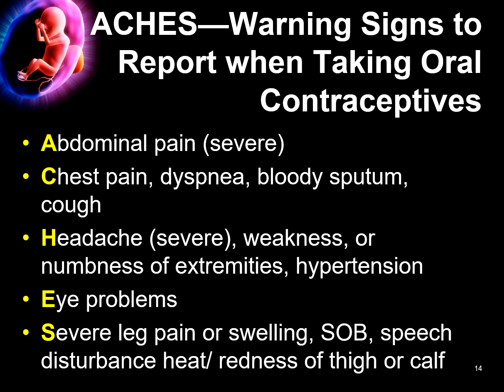The acronym here is ACHES, and A is for abdominal pain, which would be severe abdominal pain, and then chest pain with dyspnea, bloody sputum, or a cough, headache, severe weakness or numbness of extremities, hypertension goes along with that, and then eye problems, blurred vision, any problem with your eyes, that would indicate severe hypertension, and then severe leg pain or swelling, shortness of breath, speech disturbance, heat, redness of thigh or calf.